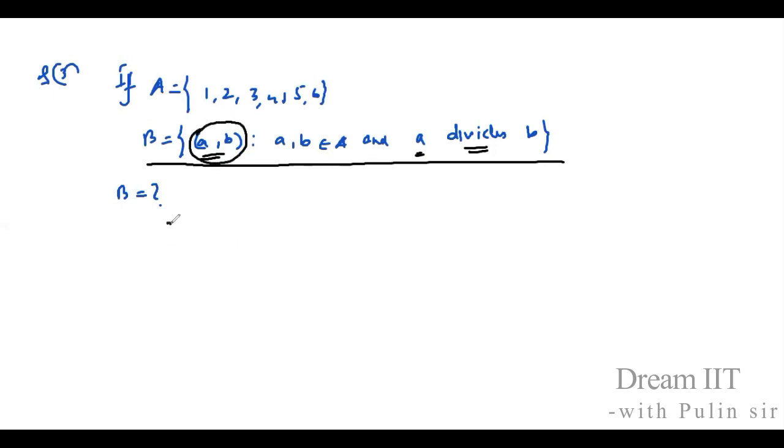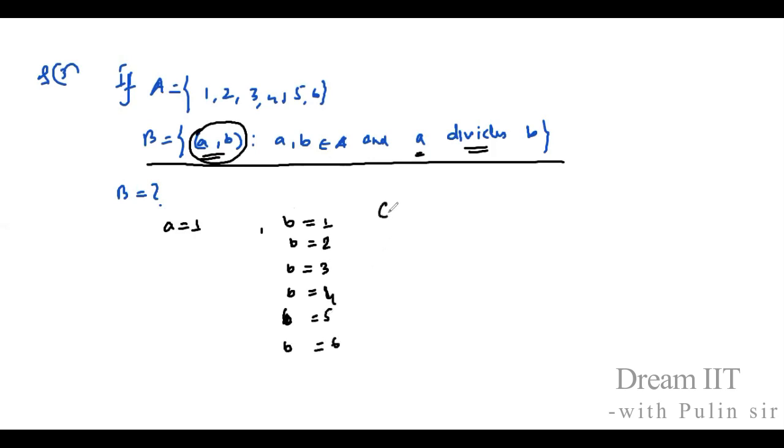So let me keep the value of a as 1 at the beginning, and then I look for the possible options of b. If a is 1, as you know, 1 divides every element. So b can take all these possibilities. There is no problem at all, right?